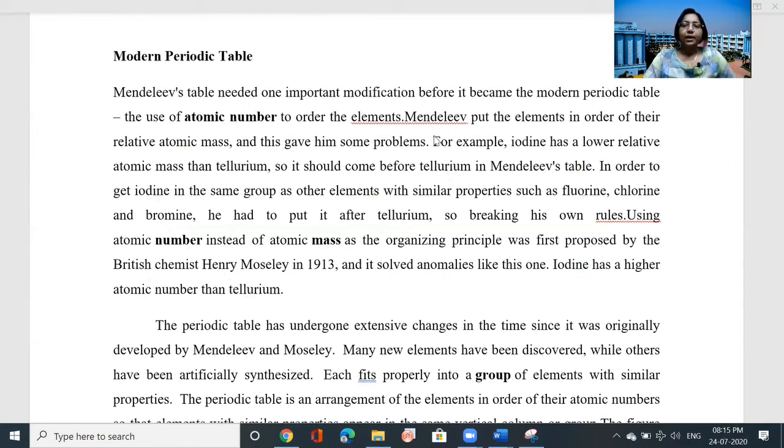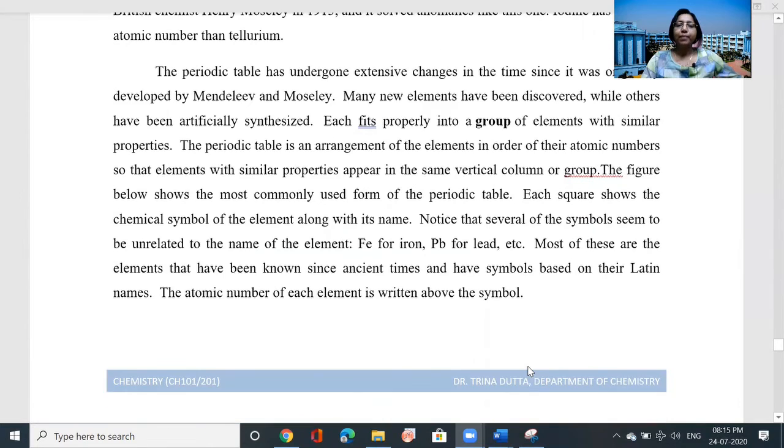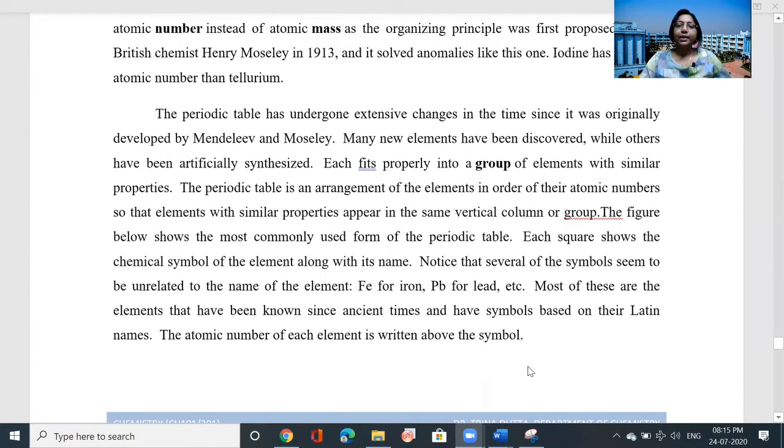The periodic table has undergone extensive changes in the time since it was originally developed by Mendeleev and Moseley. Many new elements have been discovered, while others have been artificially synthesized. Each fits properly into a group of elements with similar properties.